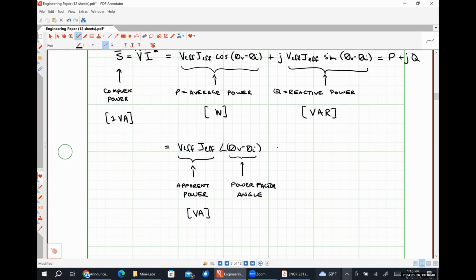So in polar form, this is typically written as the magnitude of S, our complex power, with an angle of theta S, where theta S represents our power factor angle. So before we go into the long spiel about what power factor means, let's talk a little bit about what apparent power means, okay?